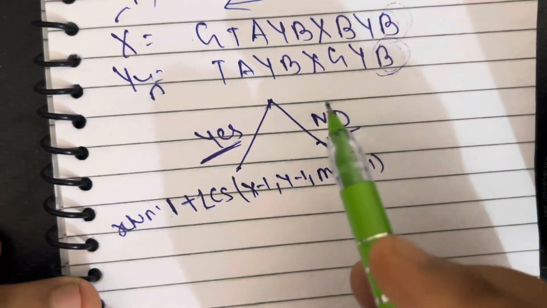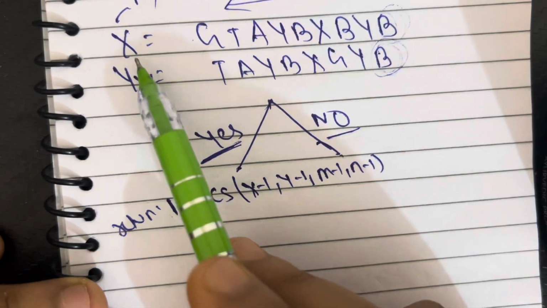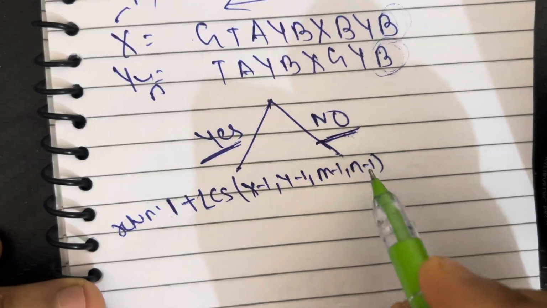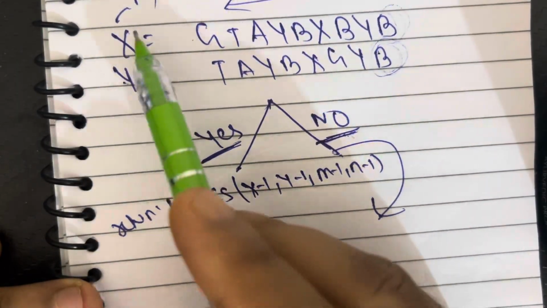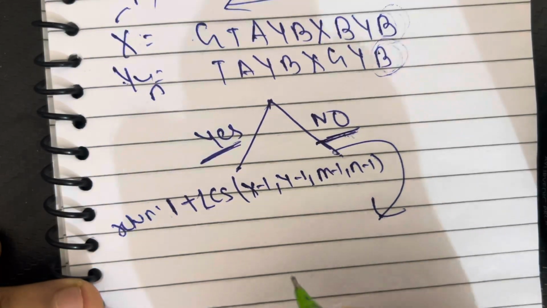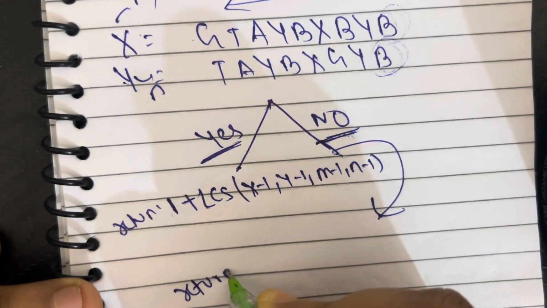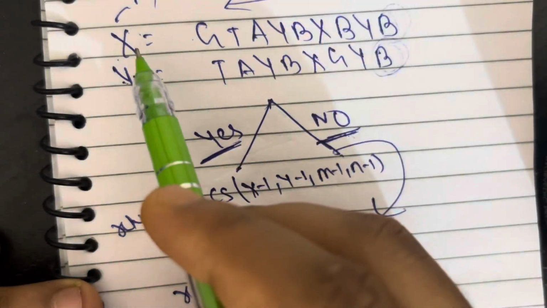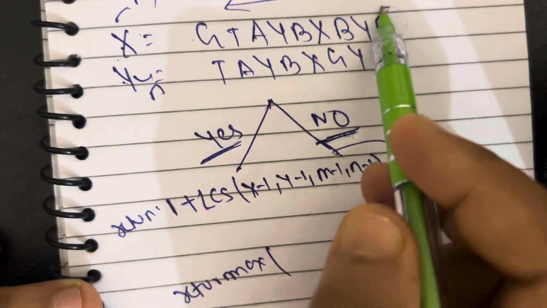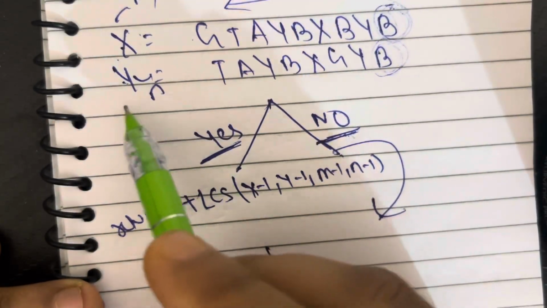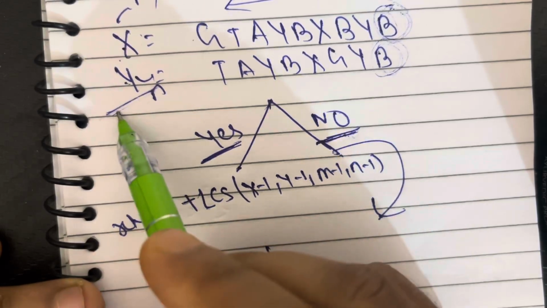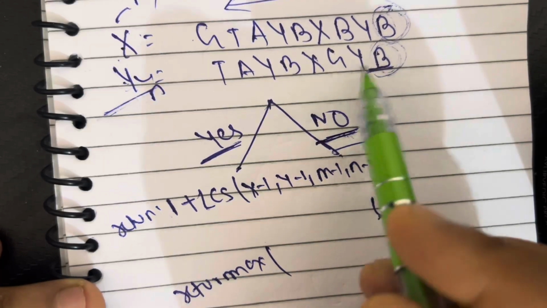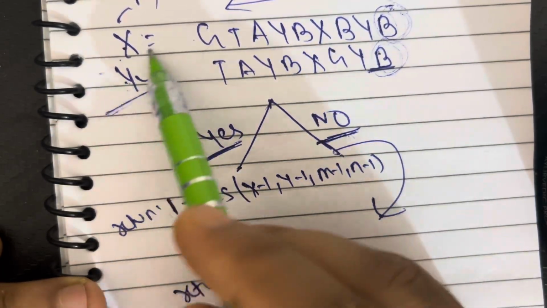What if the last character of x and the last character of y do not match? Then we come to this no condition. If the last characters of x and y do not match, then in this case we return the maximum of two calls. In the first, we remove the last character from x, keeping y the same, and in the second case we remove the last character from y, keeping x the same.